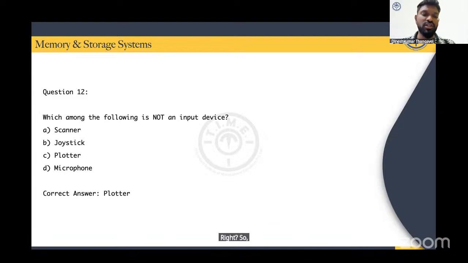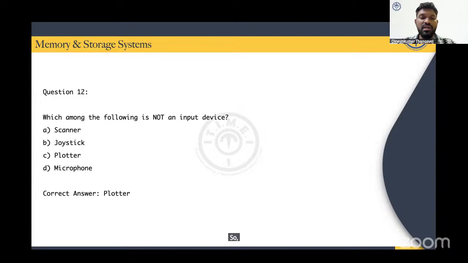The plotter, however, is used to produce output drawings, especially large graphics, right? So here the output device is the plotter. You might have heard of scanner, joystick, microphone. Plotter, you might or might not have heard, but I like to give this as a note to you right now.